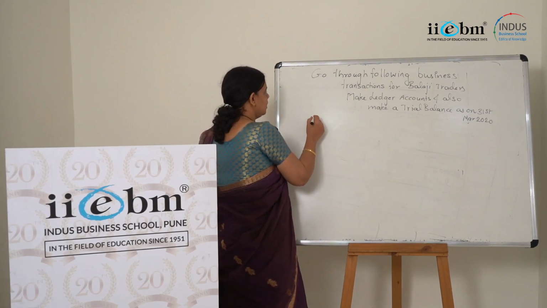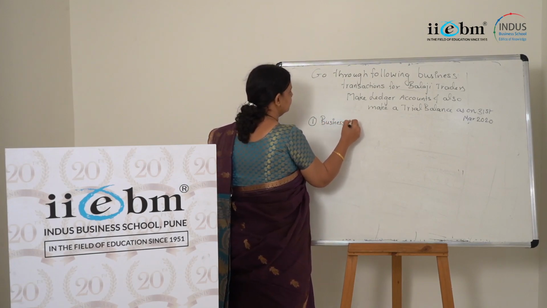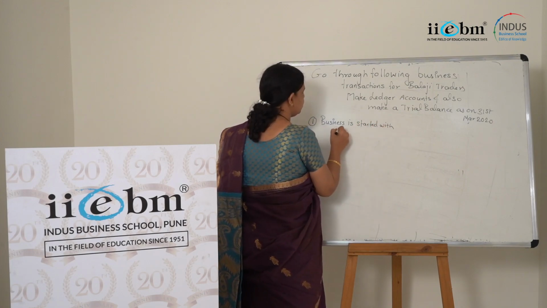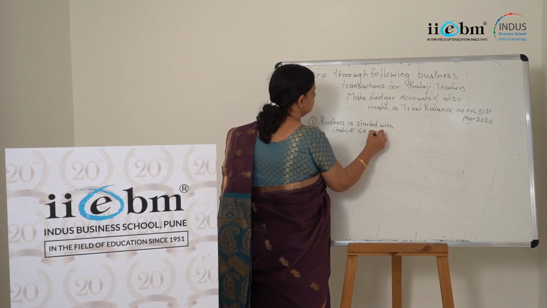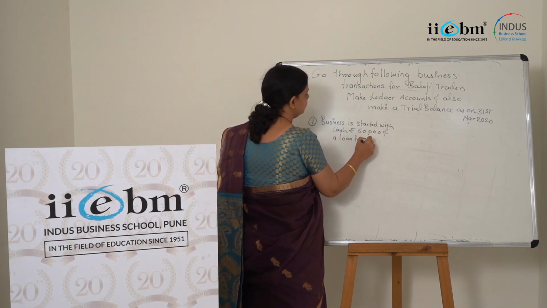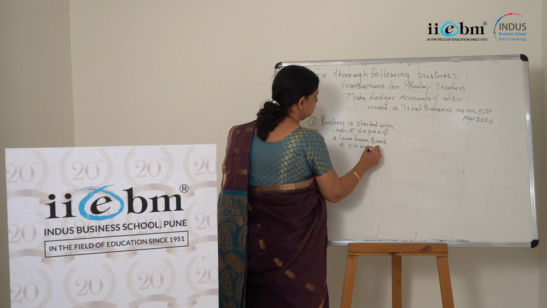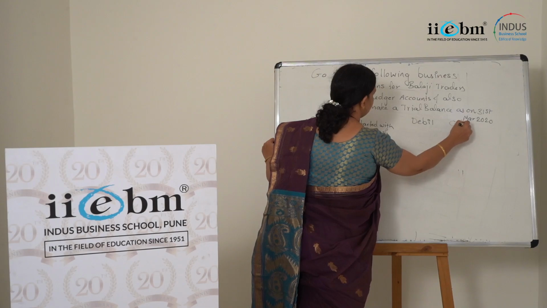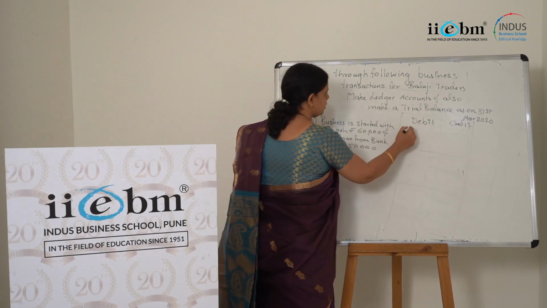Okay. Transaction number 1, business is started with cash rupees 60,000 and a loan from bank rupees 50,000, right? So if I want to identify debit and credit here, what are my debits and credits for this particular transaction? 60,000 cash is coming, right?